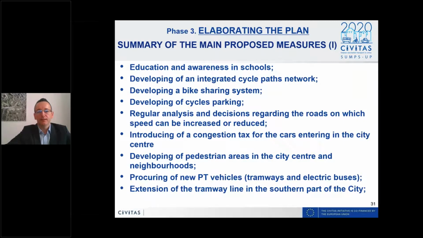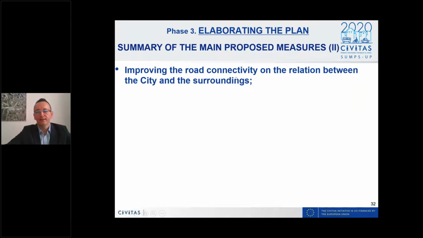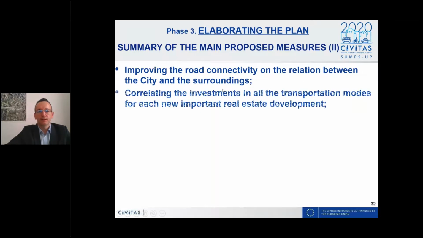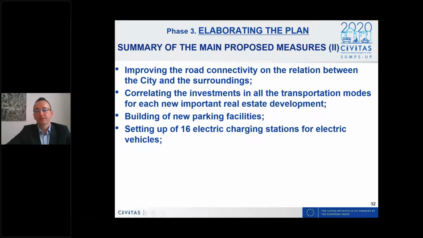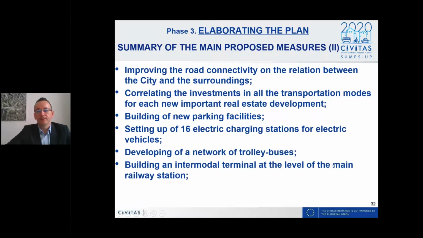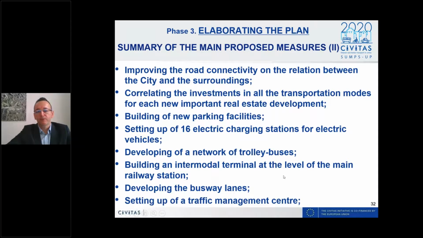electric buses, expansion of the tramway line in the southern part of the city, rehabilitating the road transport infrastructure, improving the road connectivity on the relation between the city and the surroundings, correlating the investments in all the transportation modes for each new important real estate development, building of new parking facilities, setting up of 16 electric charging stations for electric vehicles, developing of a network of trolley buses, building of an intermodal terminal at the level of the main railway station, developing of busway lanes, setting up of a traffic management center.